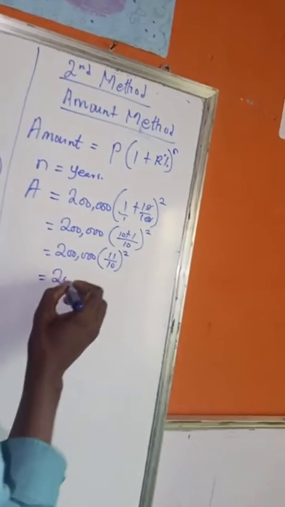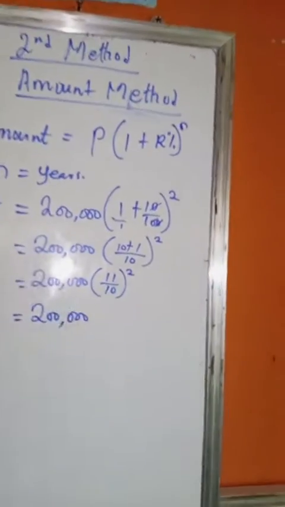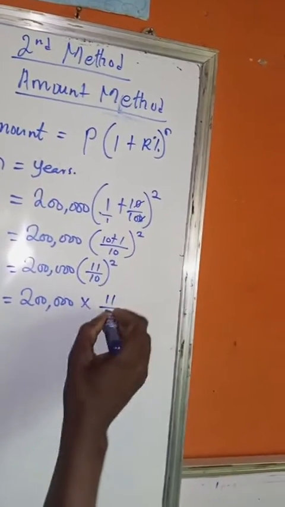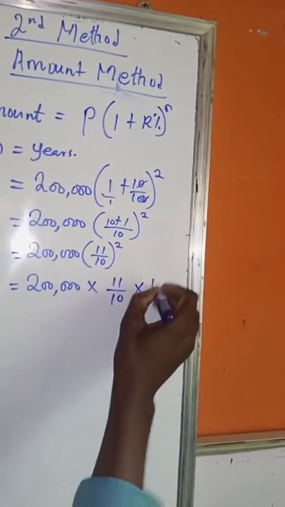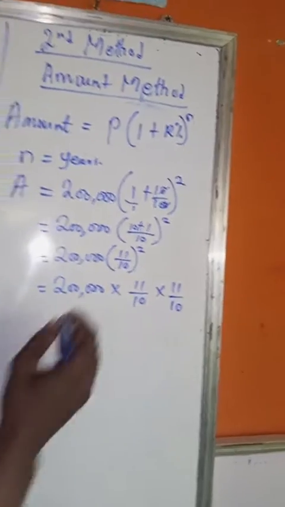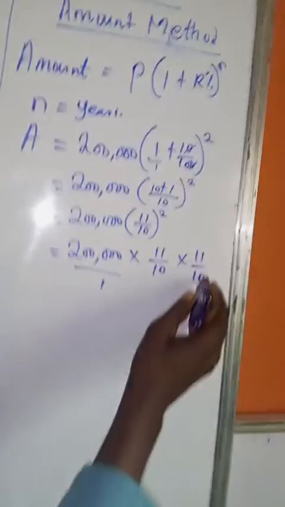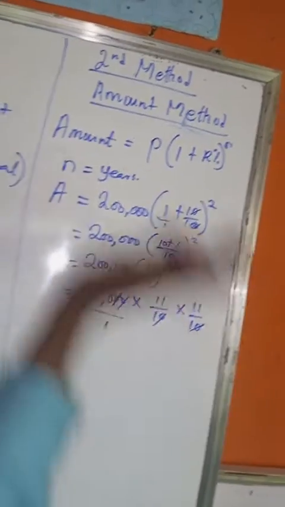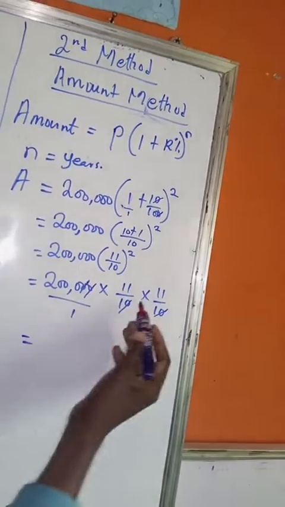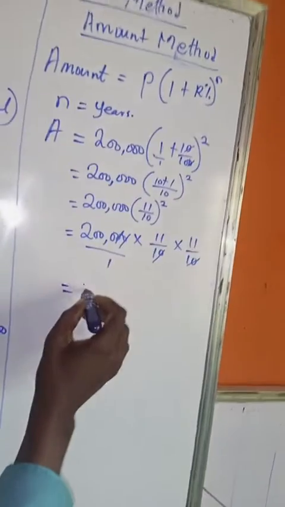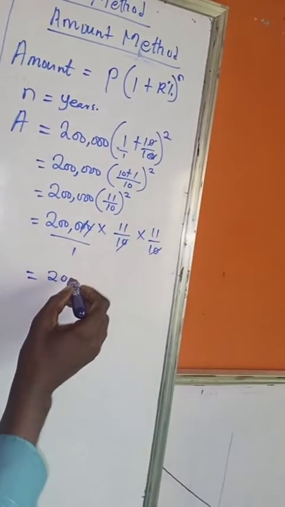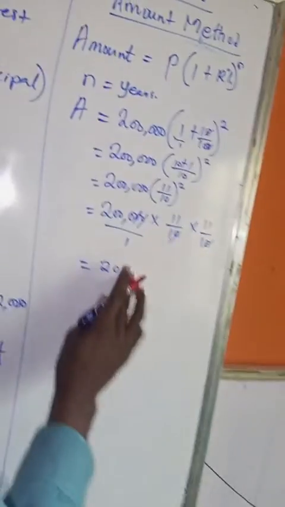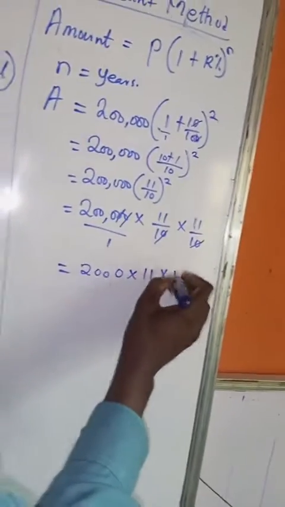The meaning is that 200,000 times this one in 2 places, 11 over 10 times 11 over 10. So this one over 1. Then I can now divide. This 0 cancels this 0, this 0 cancels this 0. The denominator will cut the numerator. Of course, we have remaining 2,000 multiplied by 11 multiplied by 11.